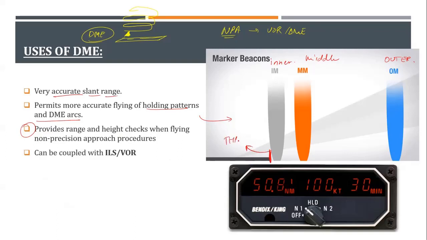It will give you 0 nautical miles at your threshold. Please remember this. This is known as the ILS threshold. It will indicate 0 nautical miles when you use a DME. You can see here a classic example of a DME.